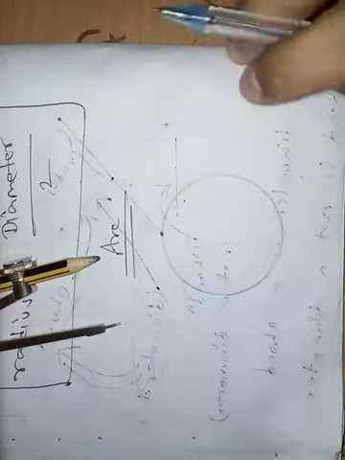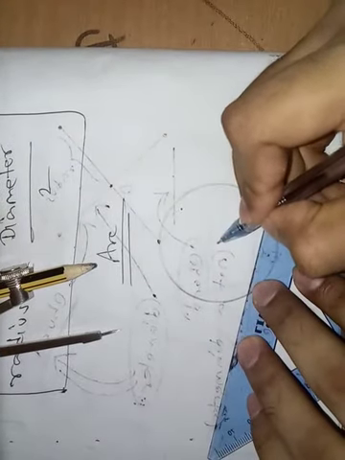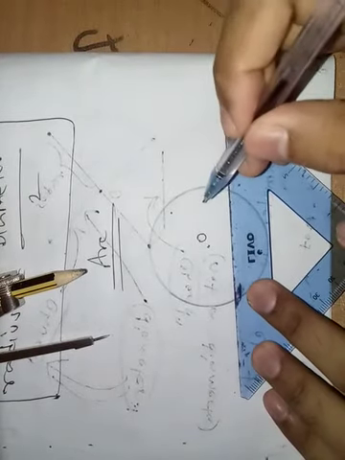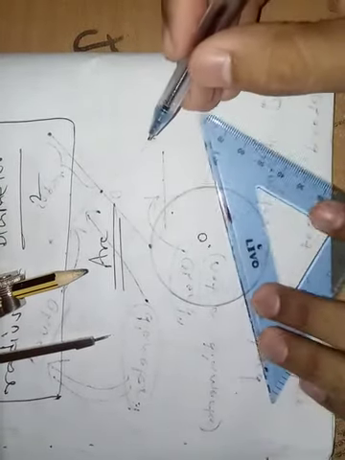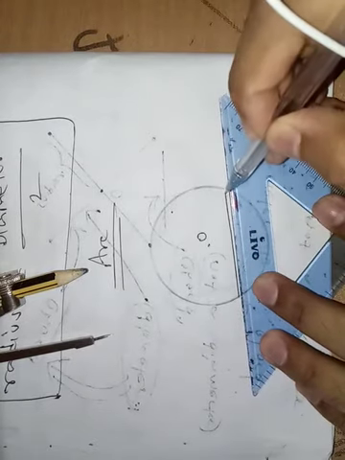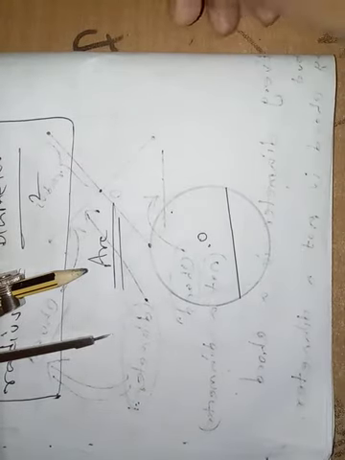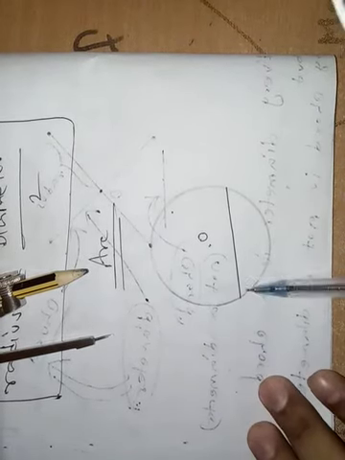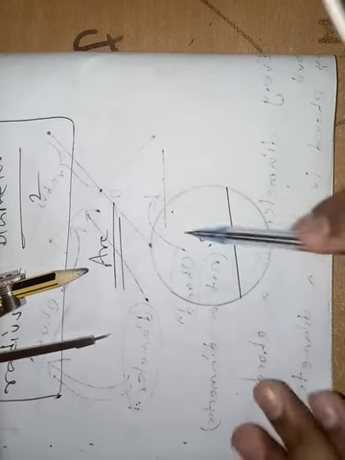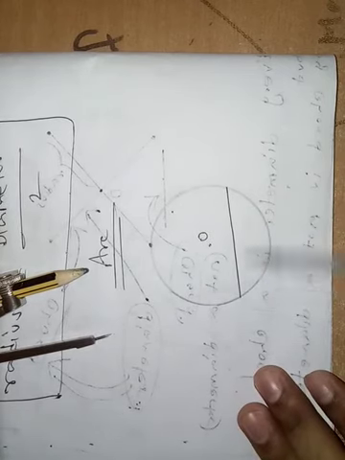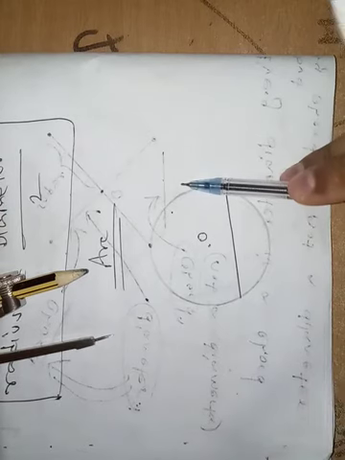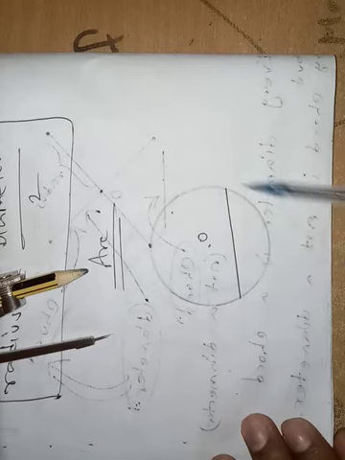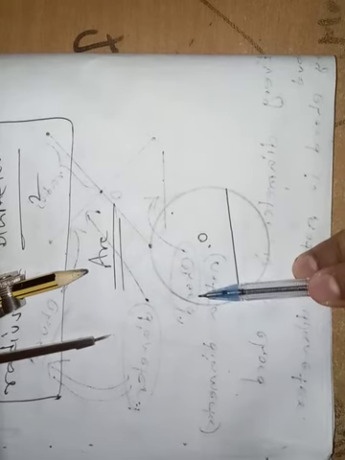Well, now let me draw a chord. This fixed point, we call it center. Let we take an arbitrary chord. That is our chord. Now if you see carefully, this chord has divided the circle into two parts.